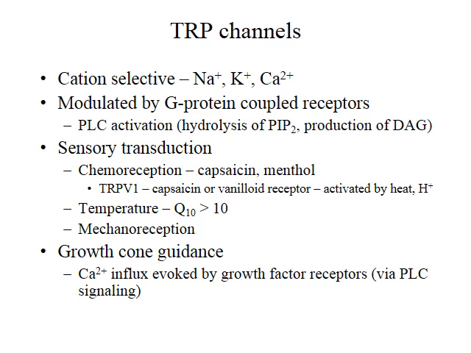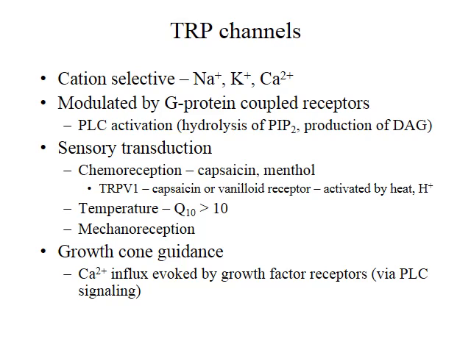TRP channels are rather non-selective cation channels that are permeable to sodium, potassium, and calcium. Although they are not modulated by membrane potential, they can be modulated by G-protein coupled receptors, and this occurs through the activation of phospholipase C.